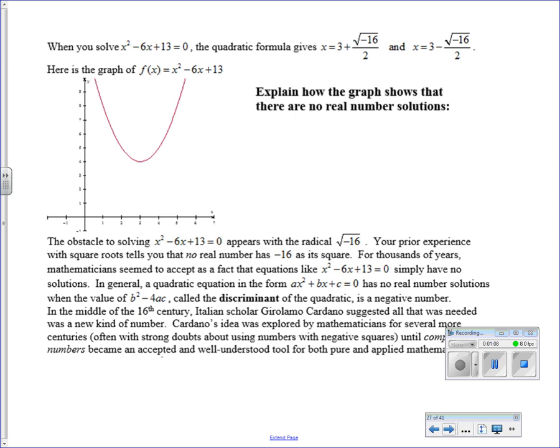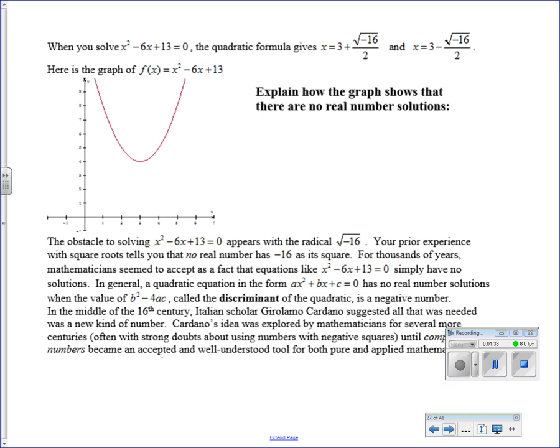All right, so what is i? When we look at this picture, remember how in the past we kind of said there was no real answer, because where is this parabola going to cross the x-axis? Never, right? So that's the obstacle. By looking at the picture, we can see that this particular function is never going to cross the x-axis.